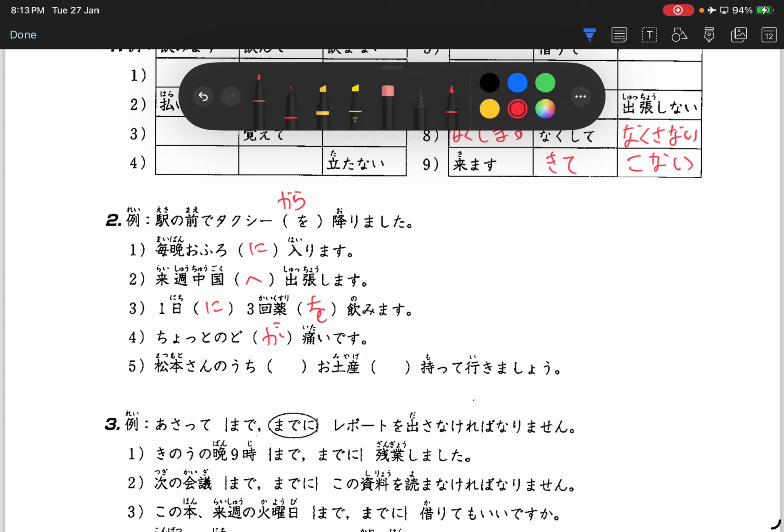Number 5, 松本さんの家. Read the verb: 持って行きましょう。Like take and go, so take it to the person's house.